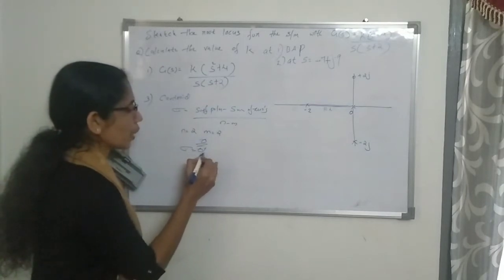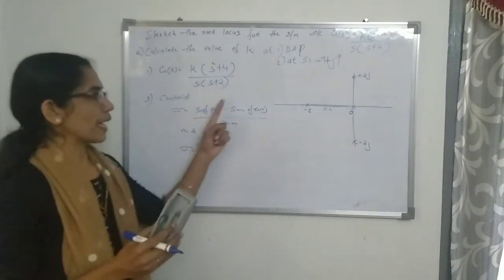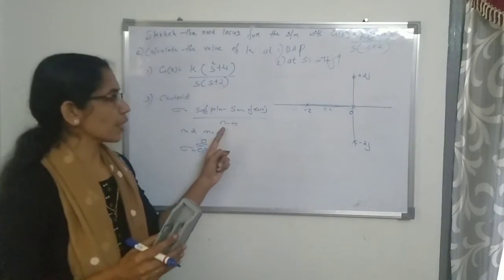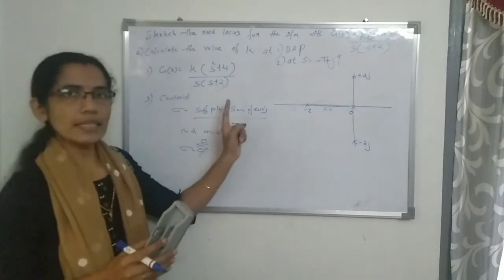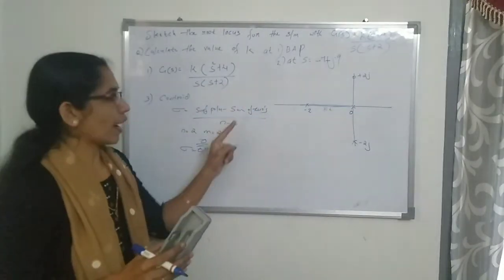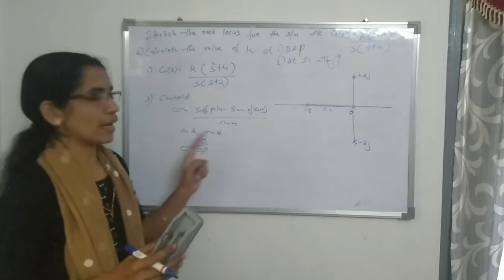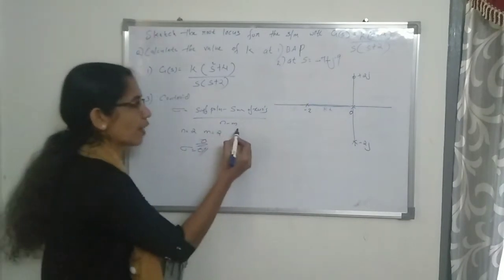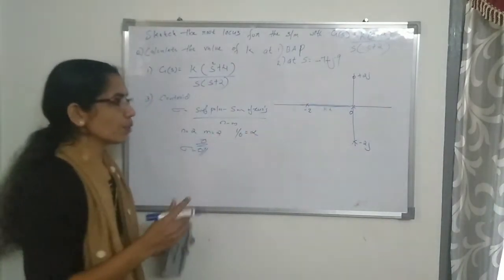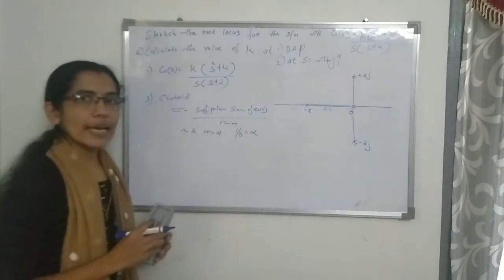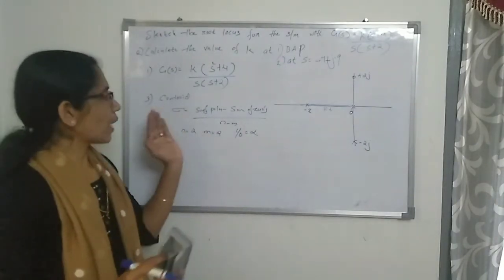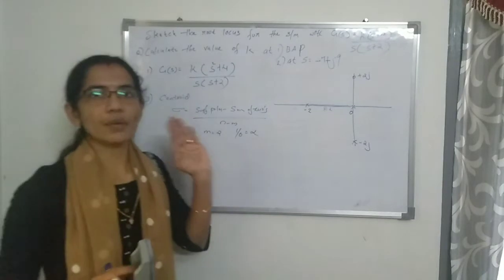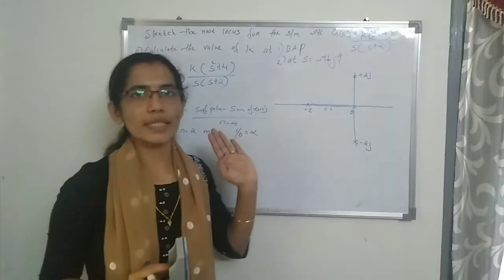The centroid is then something divided by 0, which is infinity. If the number of poles is equal to the number of zeros, there will be no centroid.